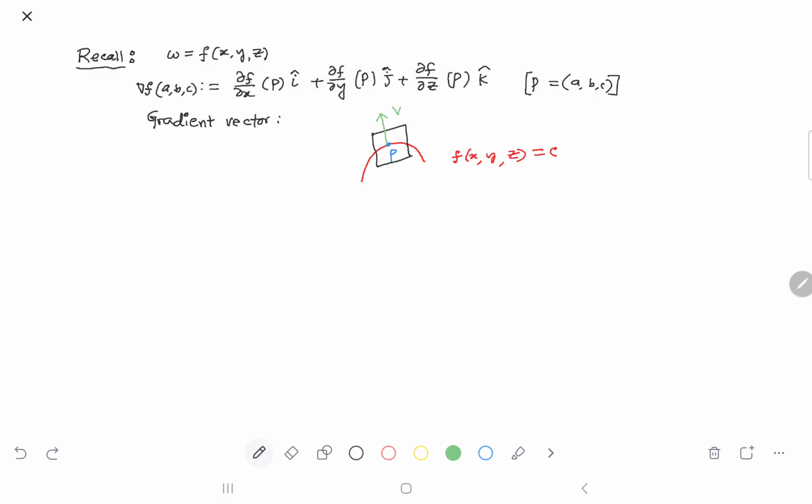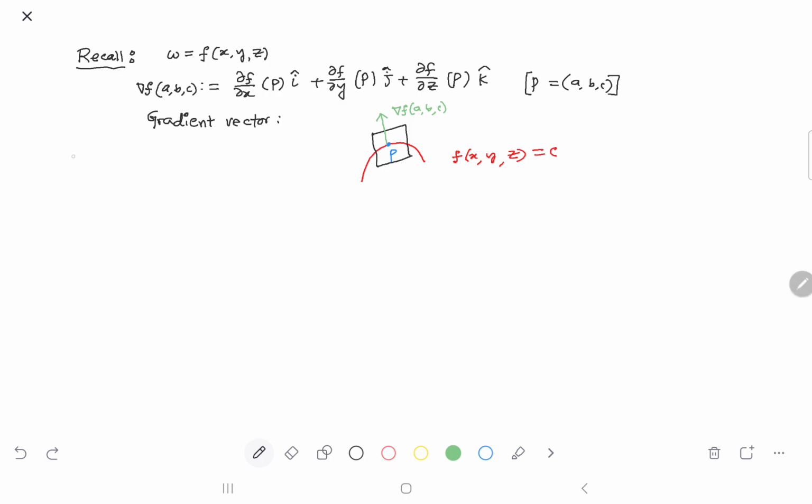So let's say this is the gradient of f at a, b, c. Now using this normal vector, we can write down the equation of the tangent plane, right?